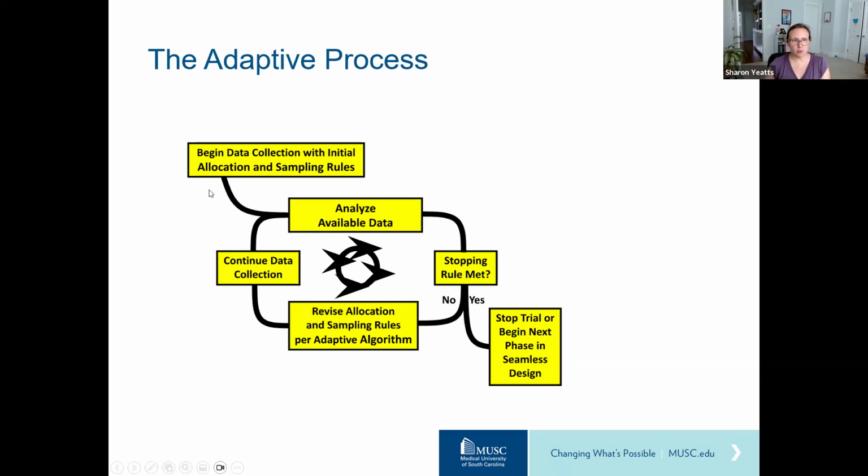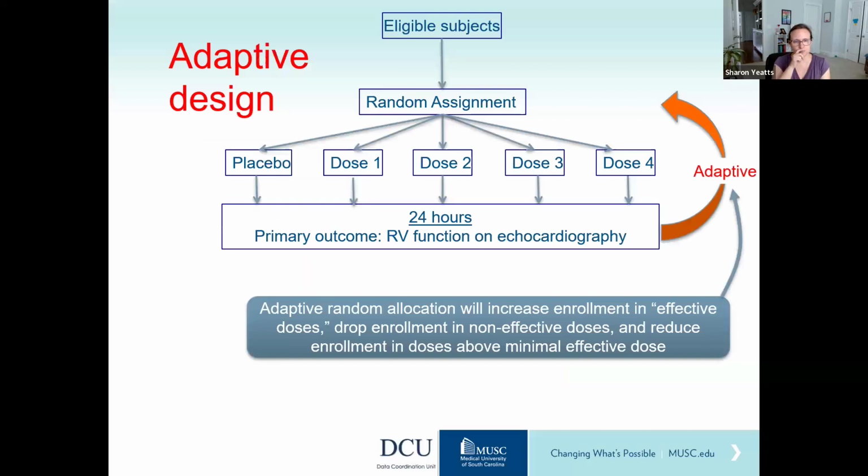So in the adaptive process, we would begin data collection with some initial allocation, and at a certain point, we would analyze the available data and compare it to whatever decision rules we have, and then we would adapt according to that decision or continue going until the next interim and just keep iterating through this process.